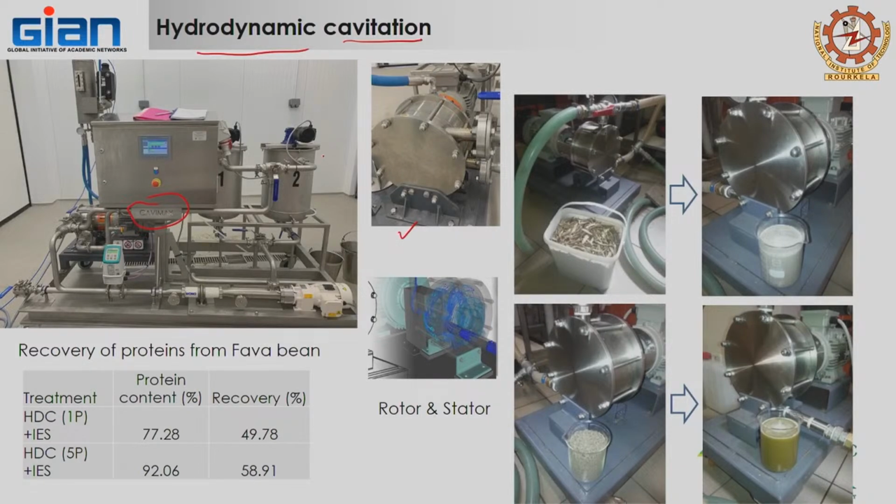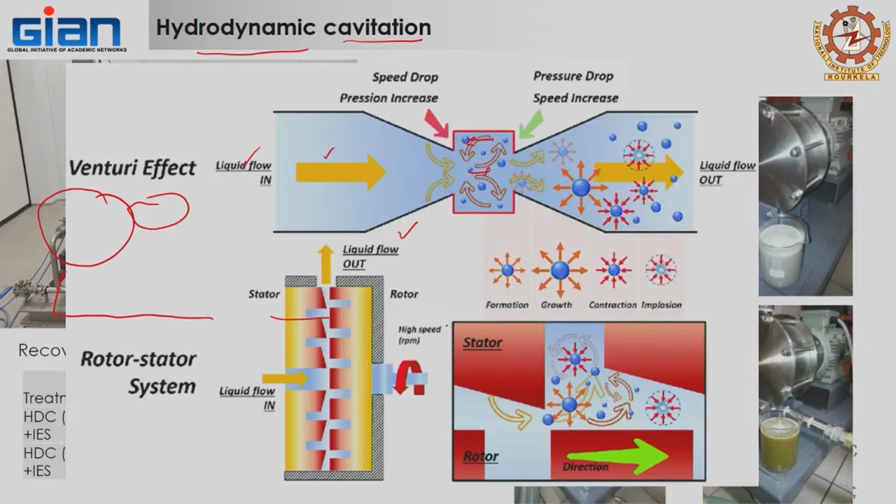If you will see, these are A tank and B tank, there are 2 tanks having a stirrer in between where you put your biomass and water or your solvent. Mainly we use water. This is just a normal pump which is pumping it through a cavitator here. This is only the pressure meter and all those things, and inside the cavitator there is an inlet and an outlet, and there is a rotor and stator arrangement, as you can see here.